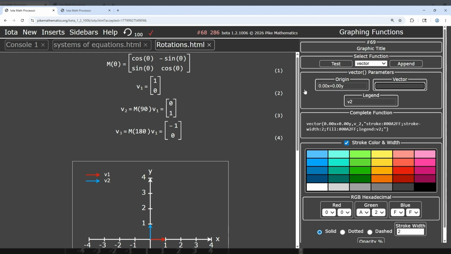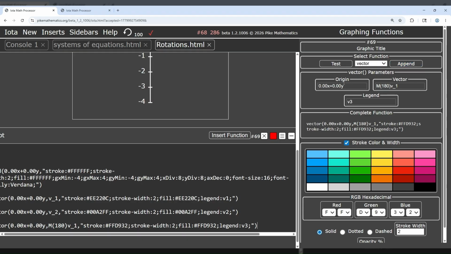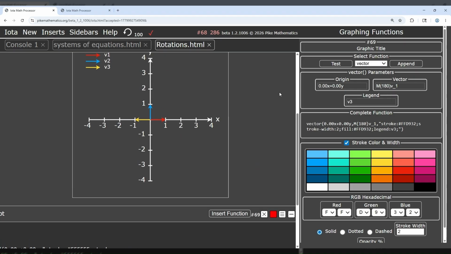So what if I just put m of 180 times v underscore 1, and I will change the legend here, and we'll make this one yellow. Let's see what happens. There you go. It works. So the point here is that this box can do the math as well.